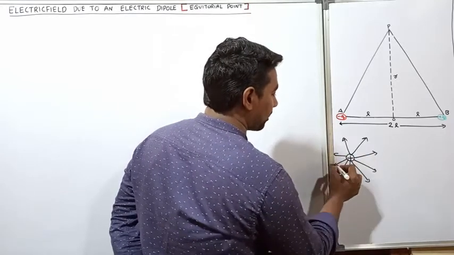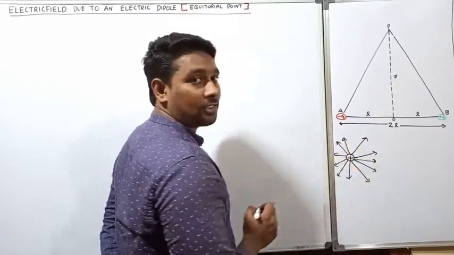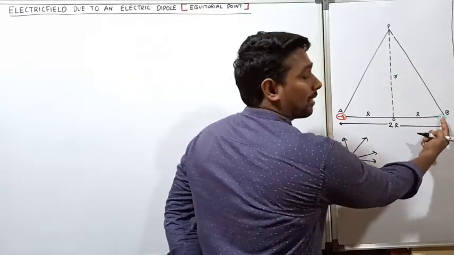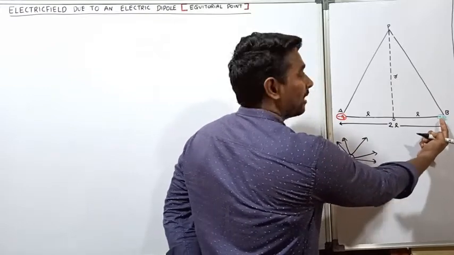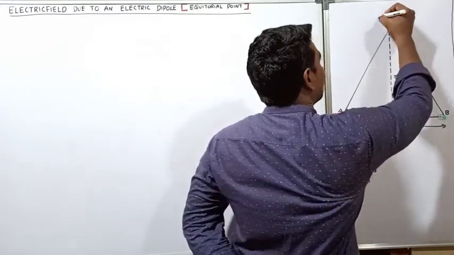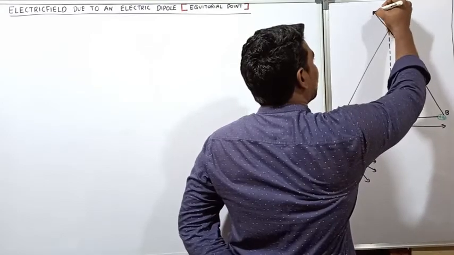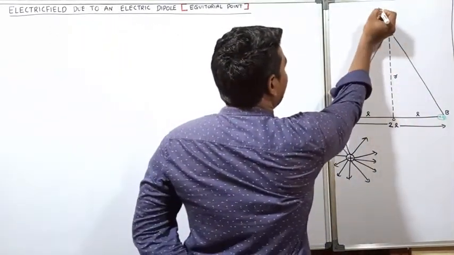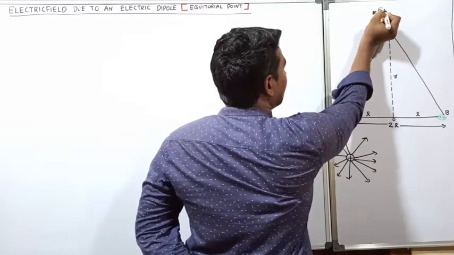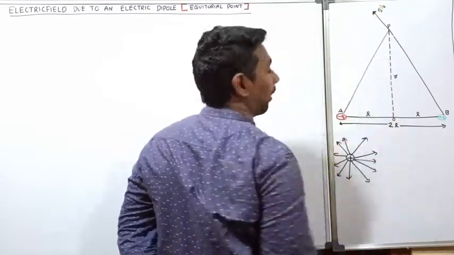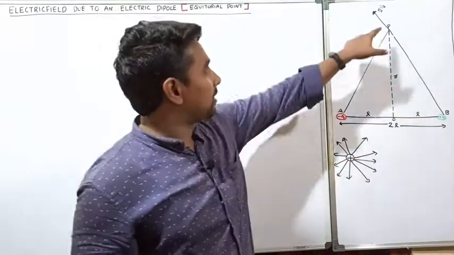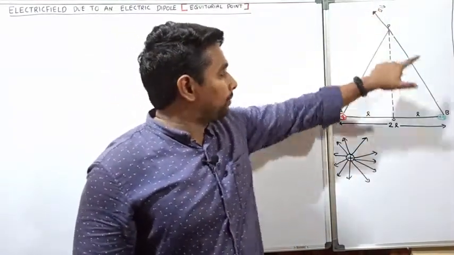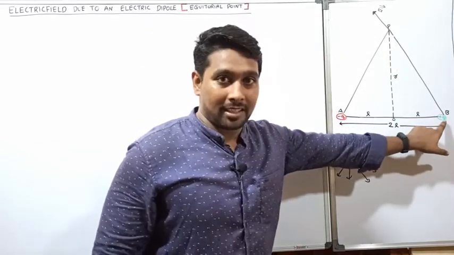So for this positive charge, the electric field is in the outward direction. Let's consider this is the electric field due to that charge, vector E1. It has a proper direction, so we give it a vector sign. E1 is the electric field due to this charge.